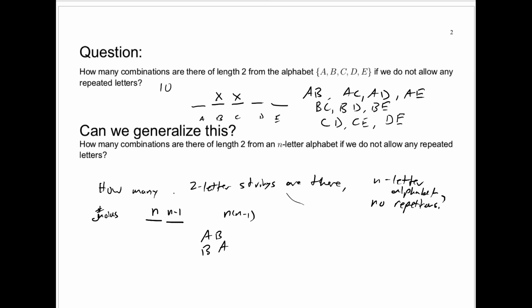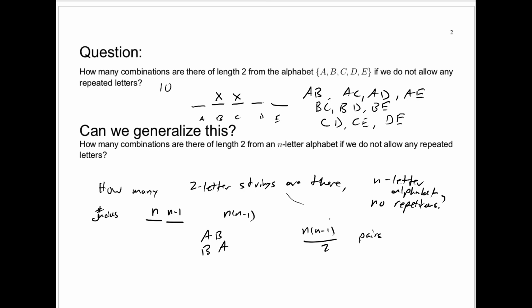I claim that among all of these n times n-1 2-letter strings, we can pair them up. For each string, just reverse the order of the letters and call that its pair. And we can divide this into many different pairs. Well, how many different pairs are there? There will be n times n-1 divided by 2 pairs of strings, each one of which just consists of 2 letters in one order and then the other order.